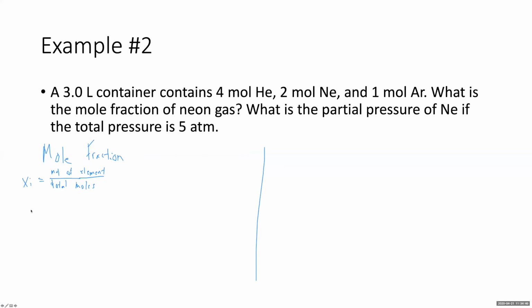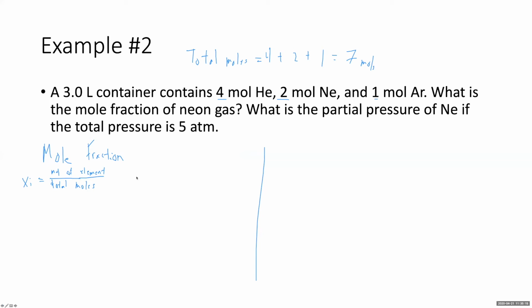But if we're going to do that, then we need to find our total moles. We'll do that up here. So the total moles is going to be equal to all these moles added together. We have 4, 2, and 1. So 4 plus 2 plus 1 will give us a grand total of 7 moles.